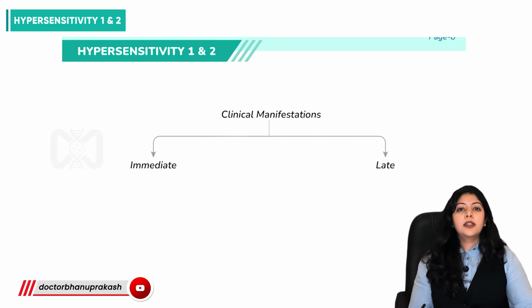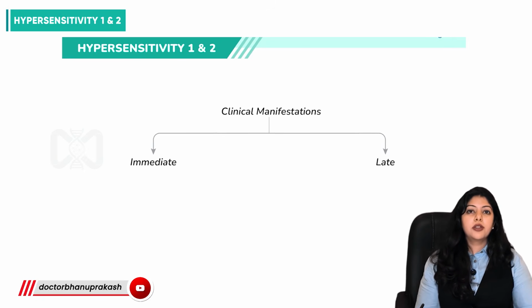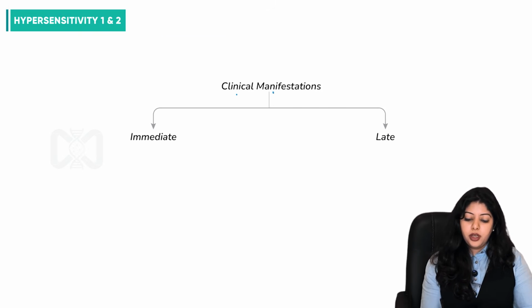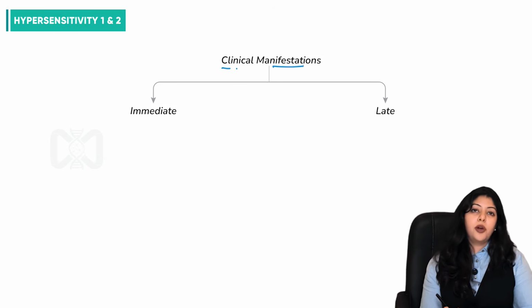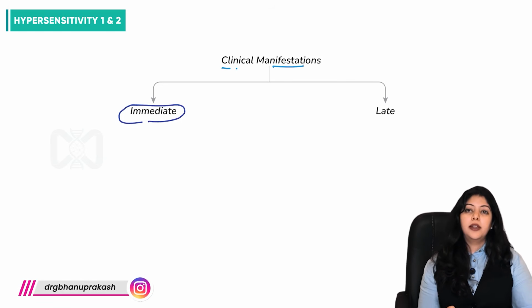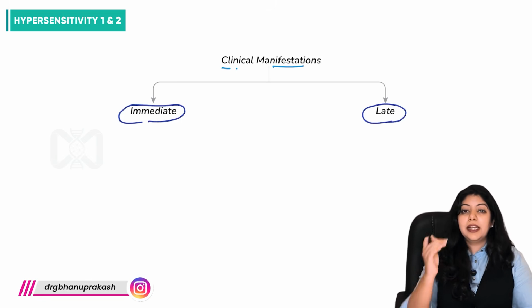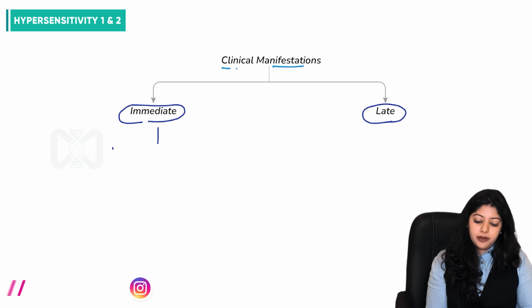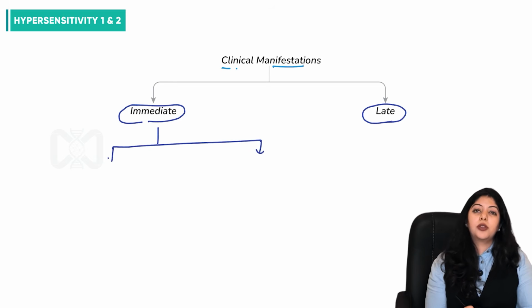Now let us discuss the clinical manifestations associated with hypersensitivity 1 reaction. There can be two forms of manifestations. One is the immediate, the other one is the late manifestation. An immediate manifestation can also be divided into two forms.